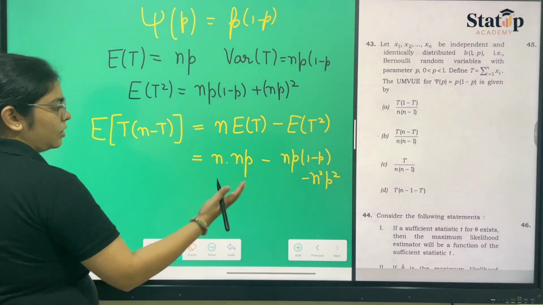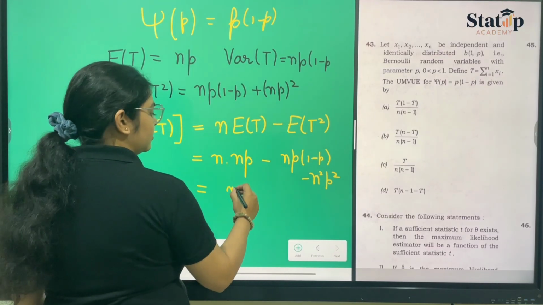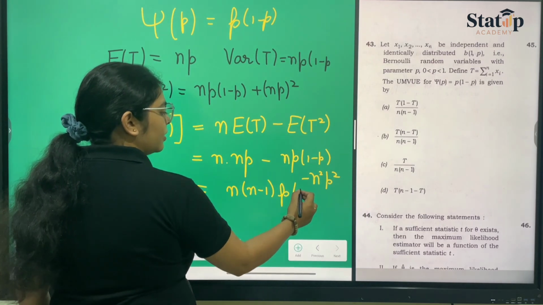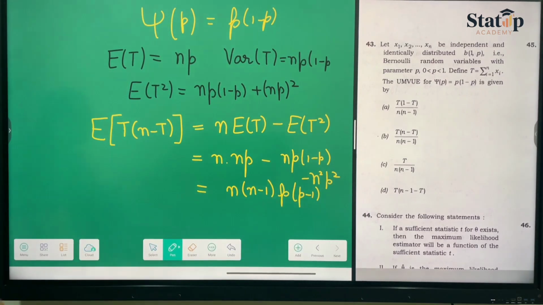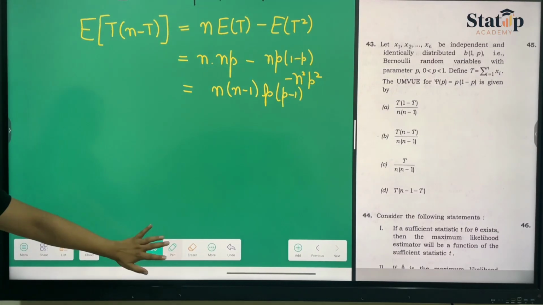So by solving this, you will be getting the value as n(n minus 1) into p(1 minus p). This will be the final value that you will be getting by solving. You can solve it on your own. I'm writing the final answer.